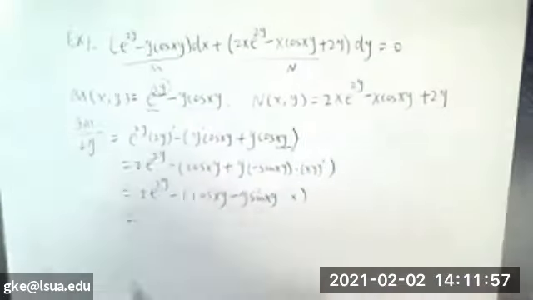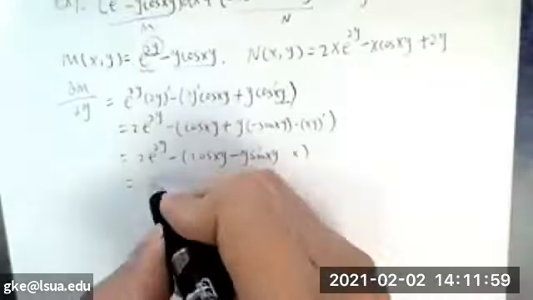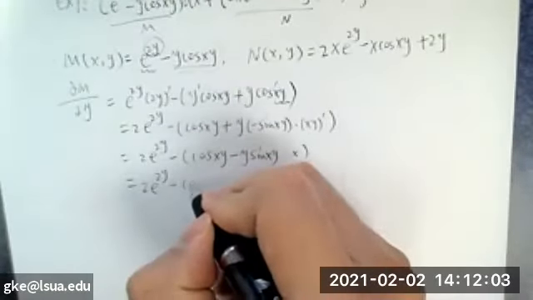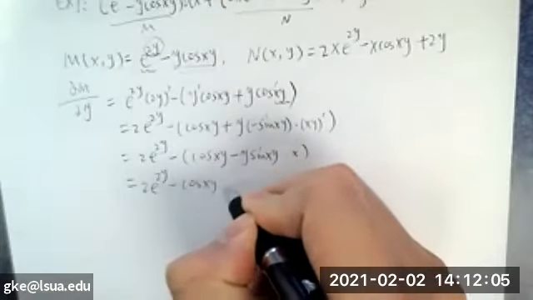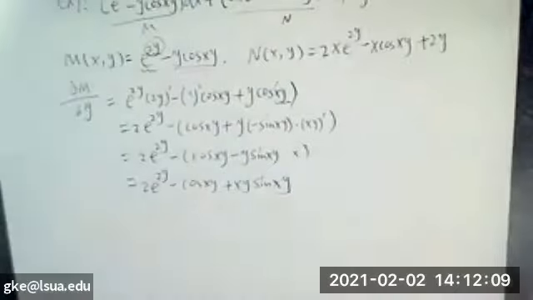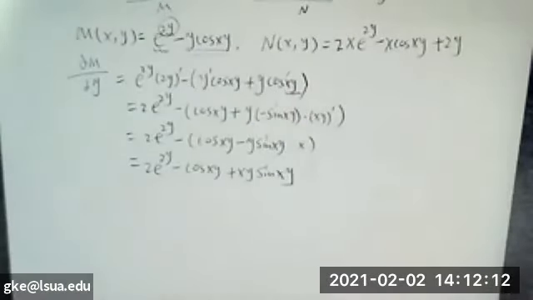Okay, we can continue. cos(xy), minus xy sin(xy). So that's the first derivative, partial M over partial y.